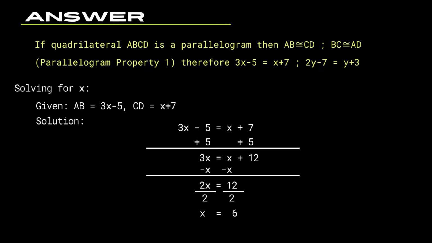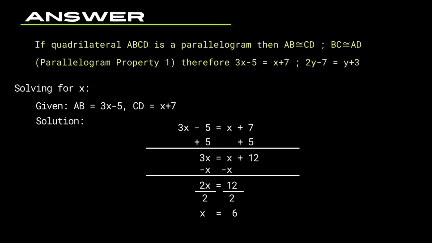Now, solving for x, given AB is equal to 3x minus 5 and CD is equal to x plus 7, we'll have the equation 3x minus 5 is equal to x plus 7. First we add 5 to both sides, which gives us 3x is equal to x plus 12.